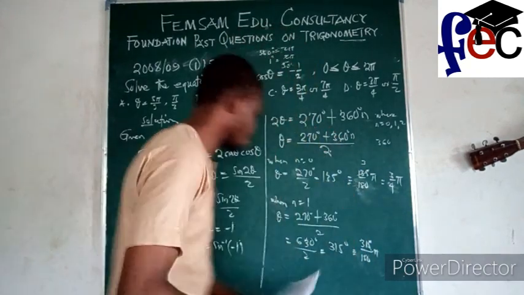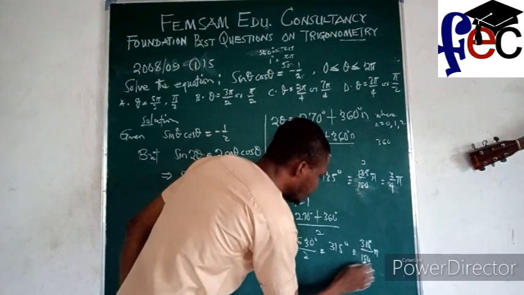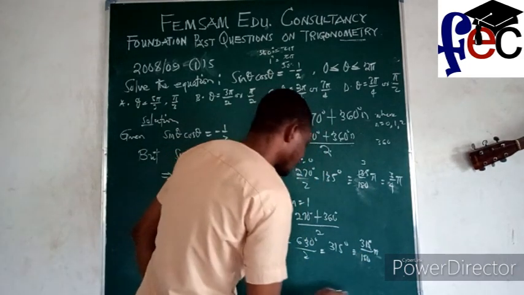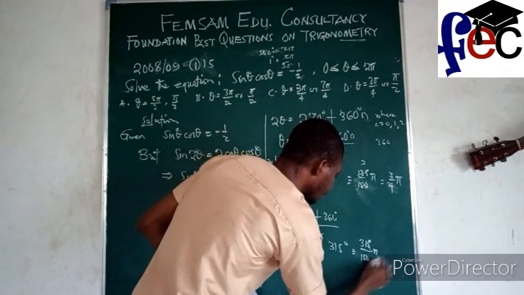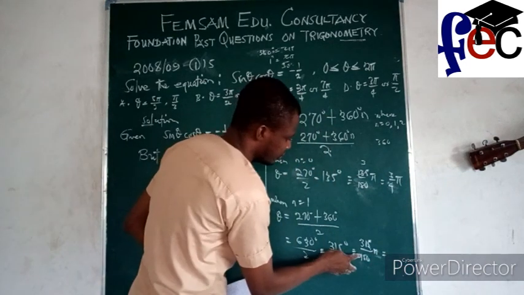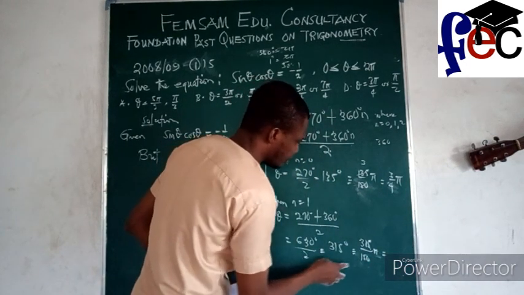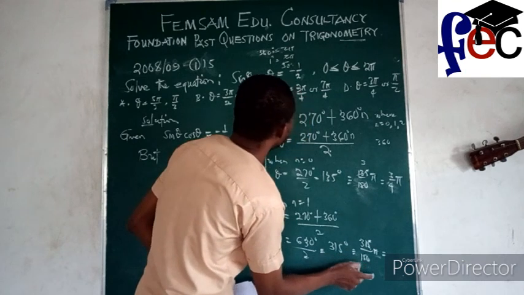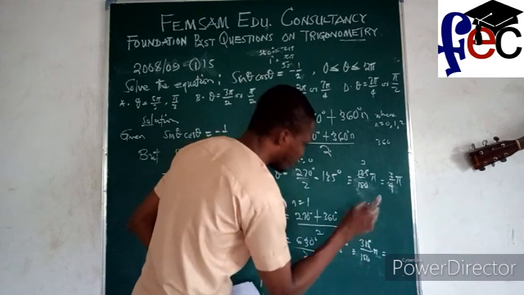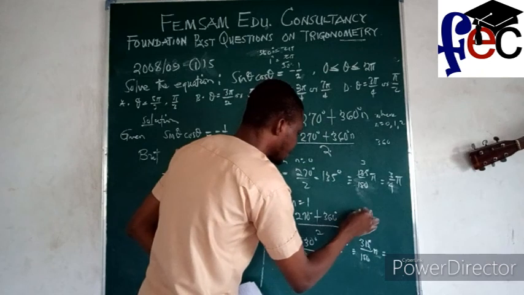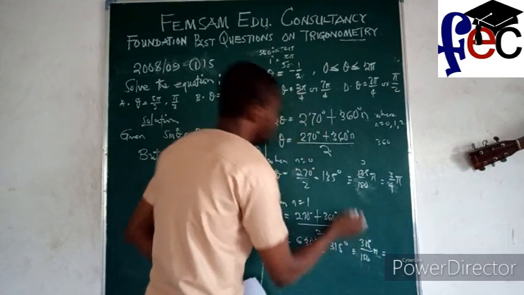Okay, so let's continue. So now 315 divided by 180 pi. Now this will give me what? I think 45 can also go here. How many times now? 4. 45 can go here how many times? Or let's take it bit by bit.